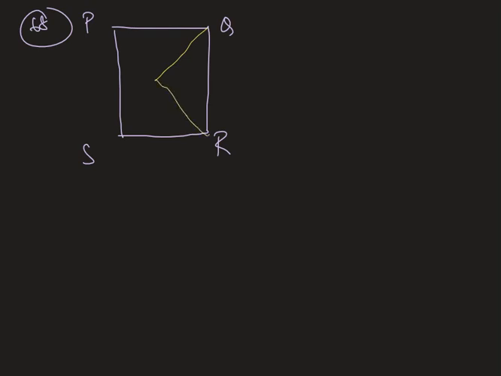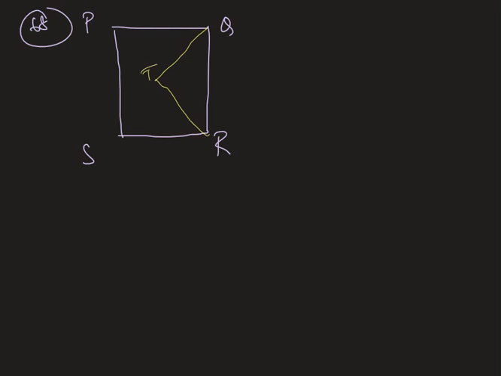So suppose this is a square named PQRS, and the triangle TQR is in this square.